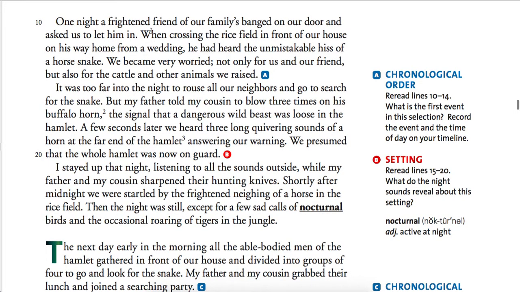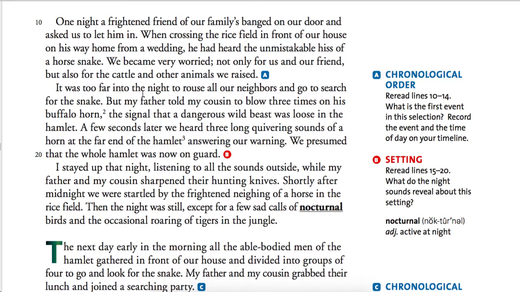One night, a frightened friend of our family's banged on our door and asked us to let him in. When crossing the rice field in front of our house, on his way home from a wedding, he had heard the unmistakable hiss of a horse snake. We became very worried, not only for us and our friend, but also for the cattle and other animals we raised.